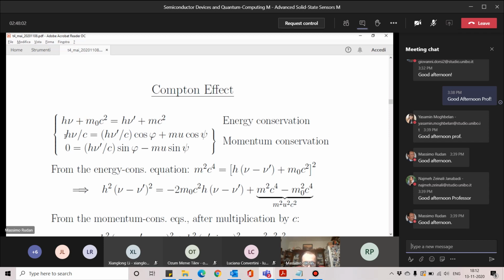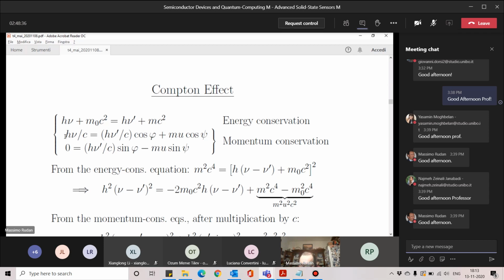For the x-axis, the component of the momentum of the photon in the x-axis direction will be the energy h-ni prime over c, that is the modulus of momentum, times the cosine of phi.